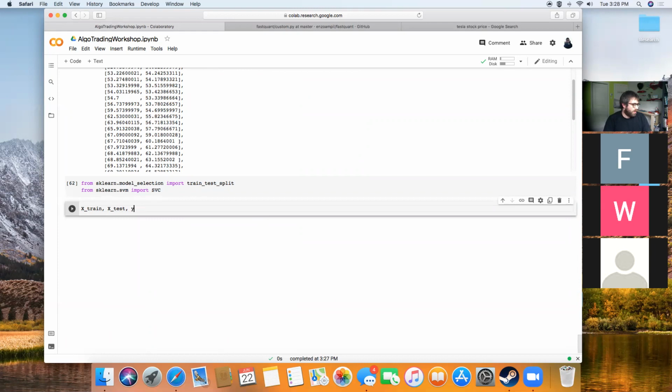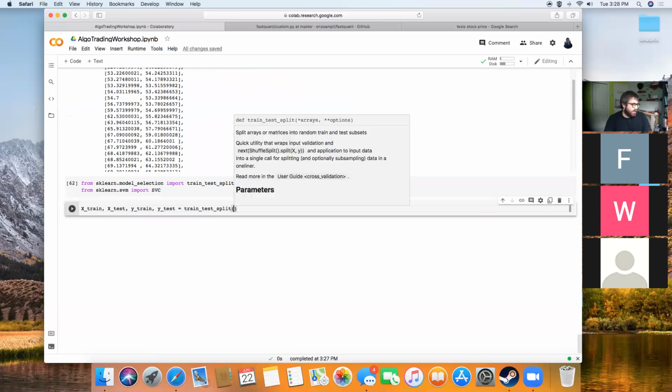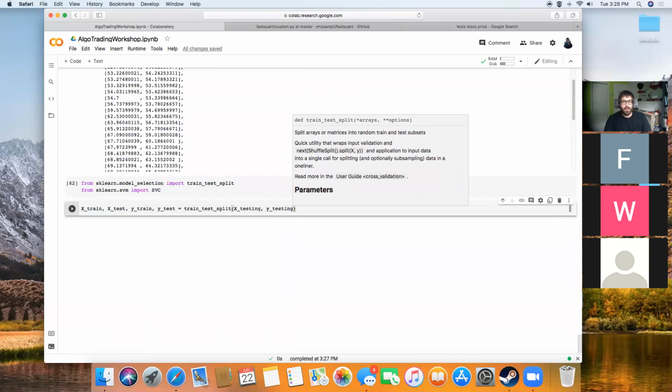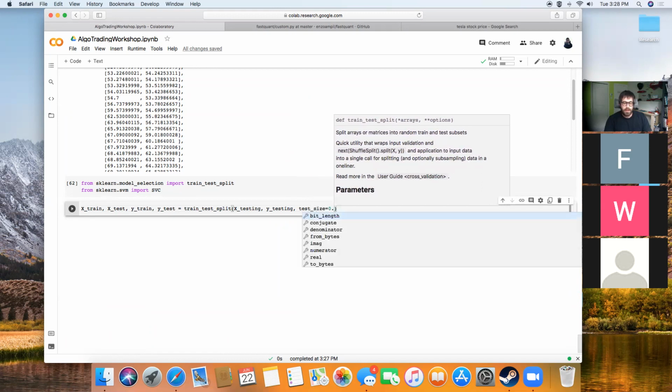Anyway, we're going to use the function train test split. We're going to pass the X values and the Y values, and then specify the size of the splitting. So let's say 70% for testing.